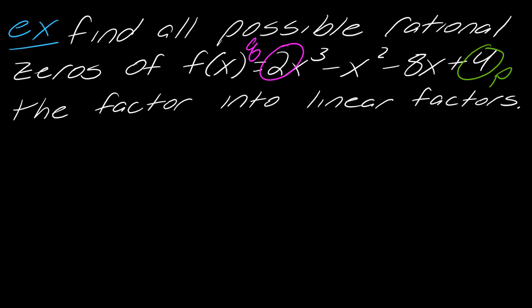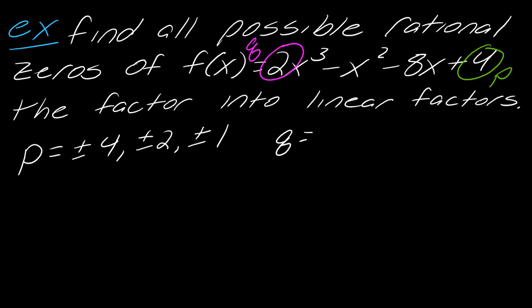Okay, so for my p's, it's plus or minus 4, and then what numbers divide into 4? That would be 2 and 1, right? So those are all my possible p's. That's what this is getting at. And then for my q, it would be plus or minus 2 or plus or minus 1, because only 2 divides 2, right?